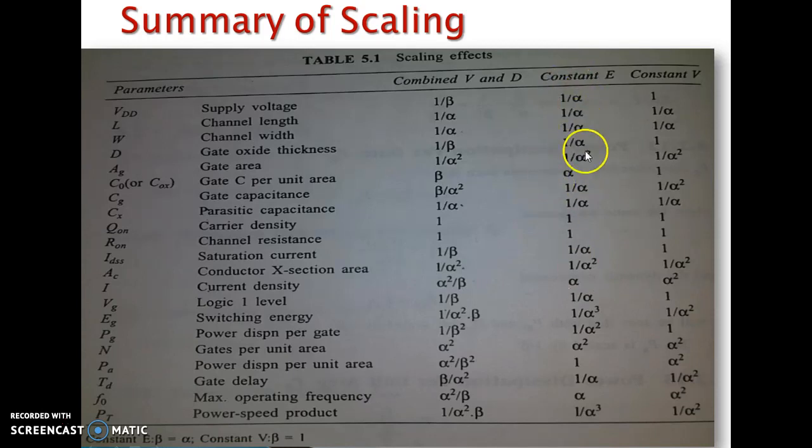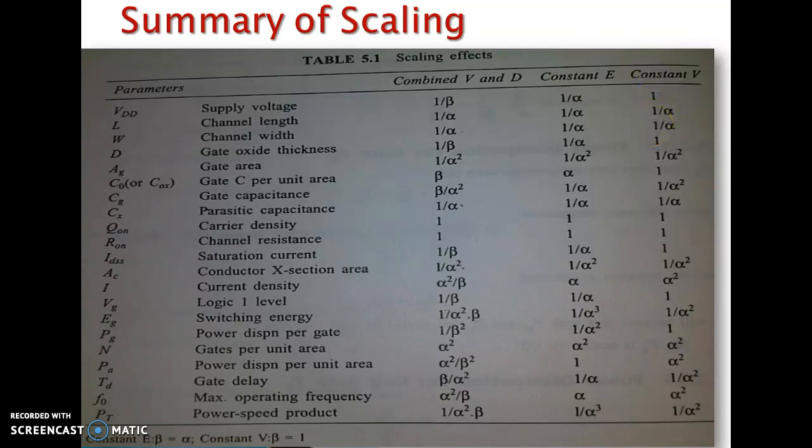We will be getting this one. For constant electric field scaling, beta equal to alpha. Therefore all the parameters here will change by substituting beta equal to alpha. Whereas when we say constant voltage scaling, in this case beta becomes 1.